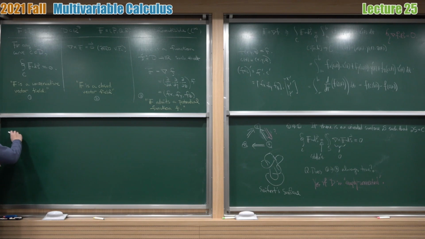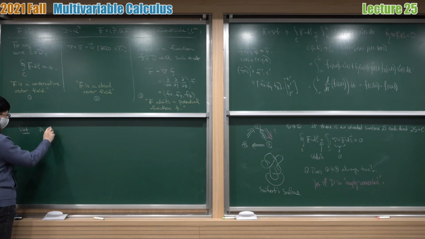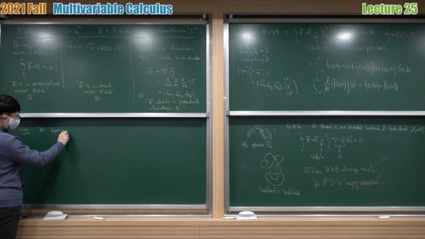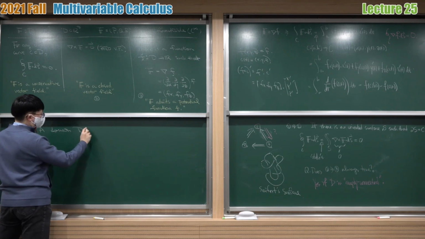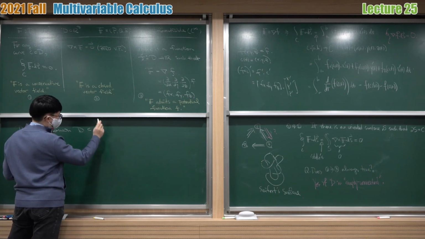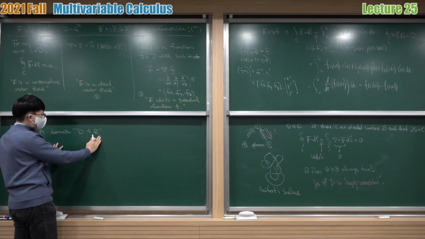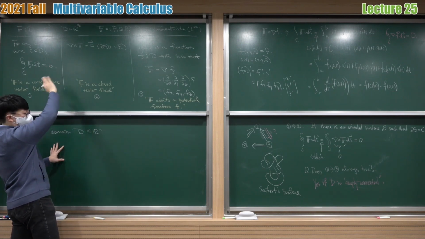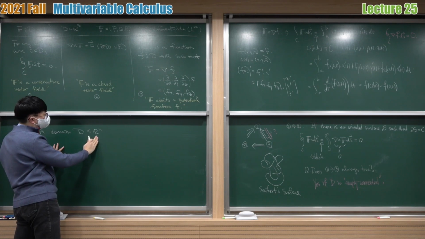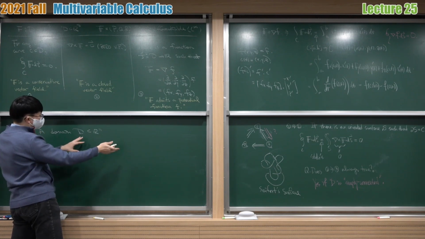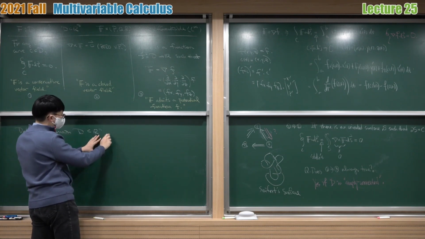Okay. So definition: a domain D, and actually this is in any space. Although we assume that D is in R3, I can assume that D is in any n-dimensional space.